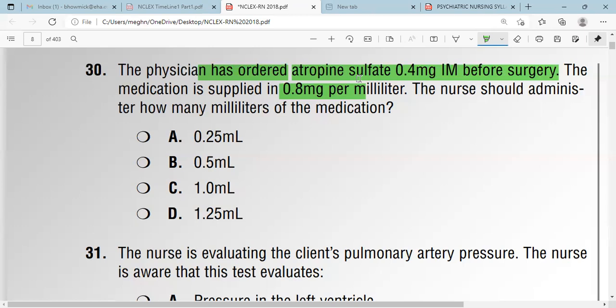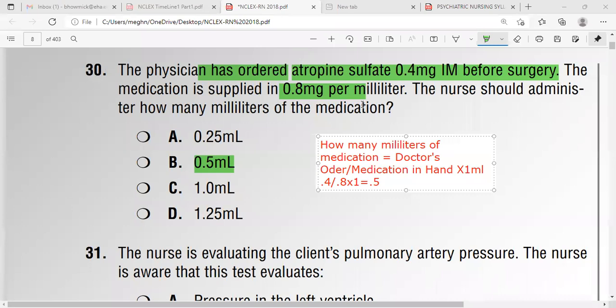The doctor's order divided by how much drug you have in hand, multiplied by the volume per milliliter. To do this type of calculation, we follow this formula. What is the desired dose?